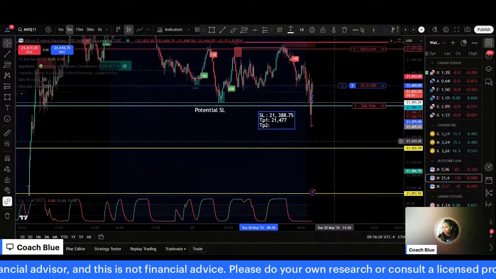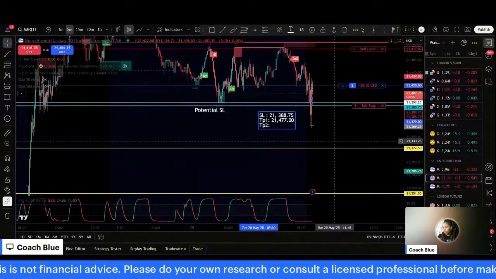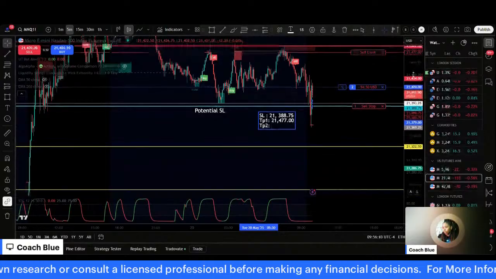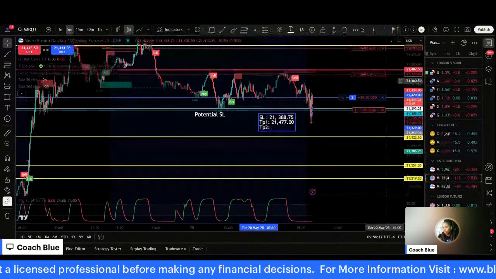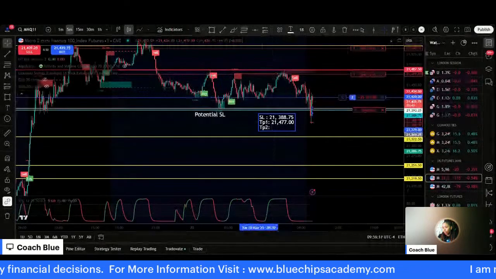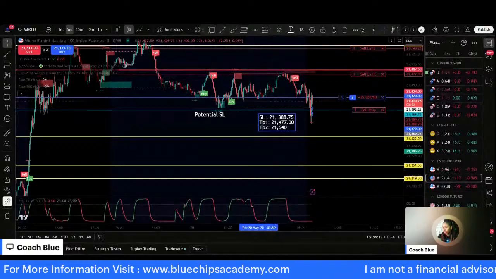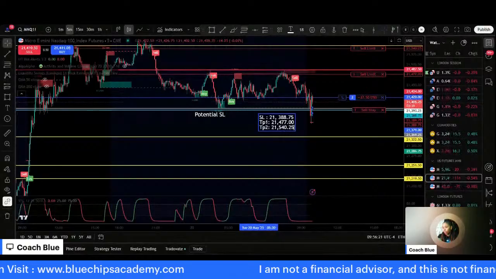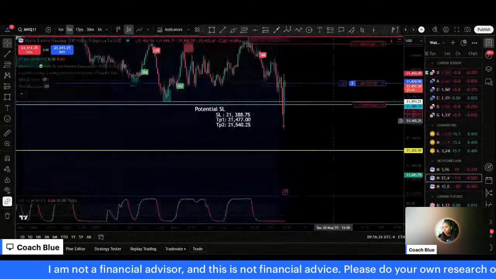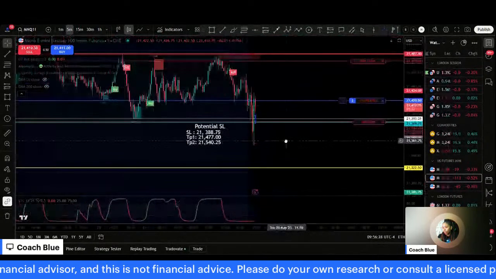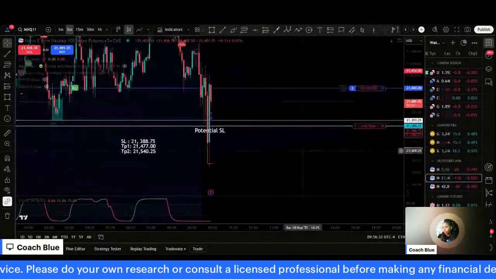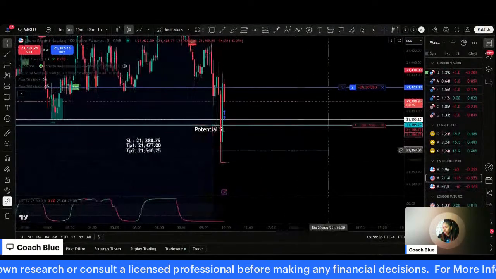And then for TP2, 21,540.25. Those are my two positions. So altogether, I'm probably risking around $160. Nothing crazy. No big deal.